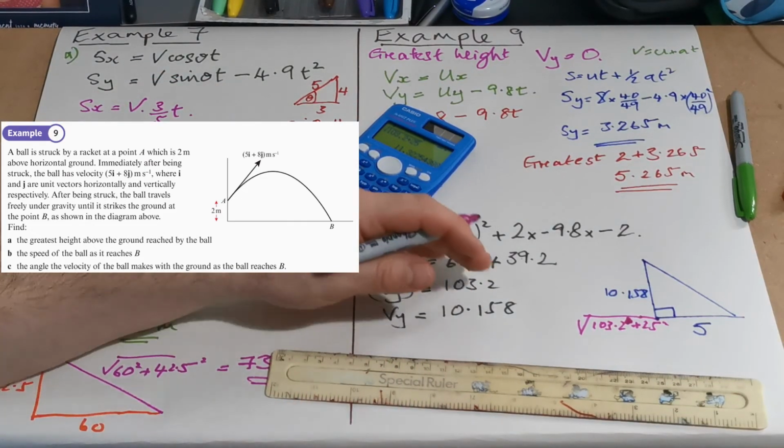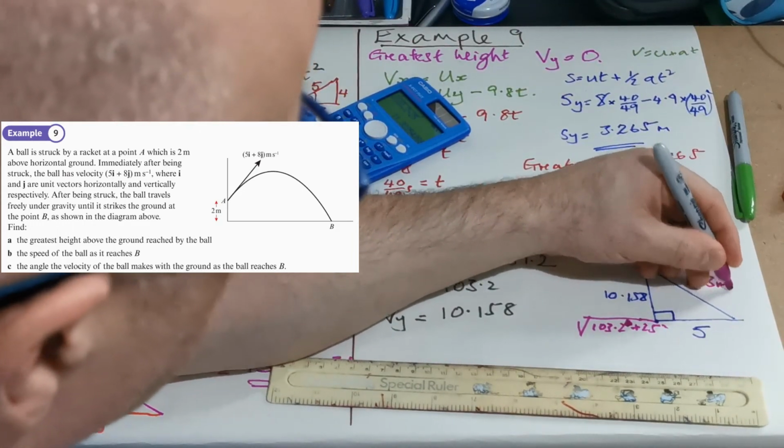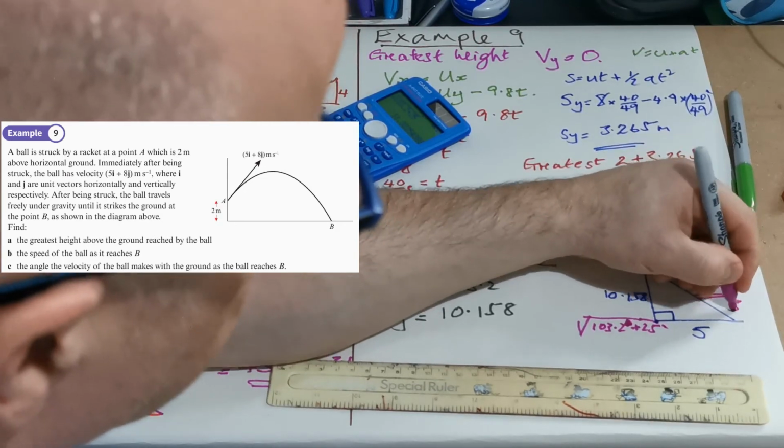So it's 11.3 meters per second to 3 significant figures.